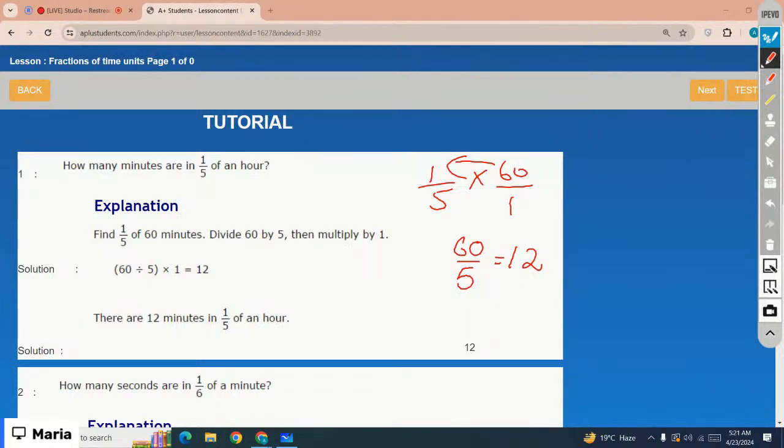So one fifth of an hour simply means 12 minutes. Okay, let's just start with the practice questions.